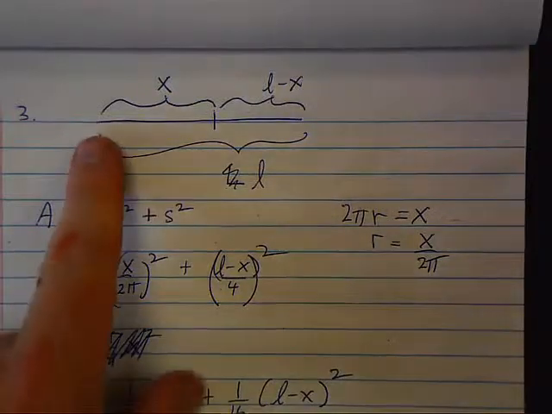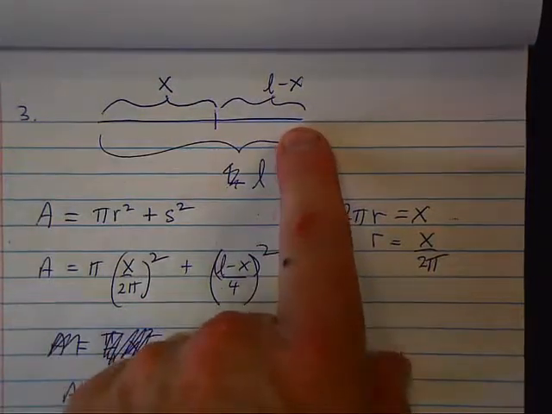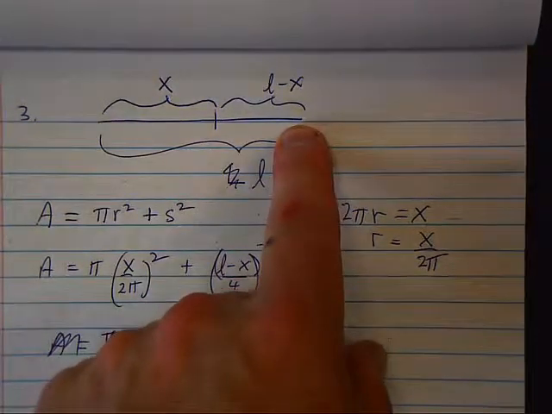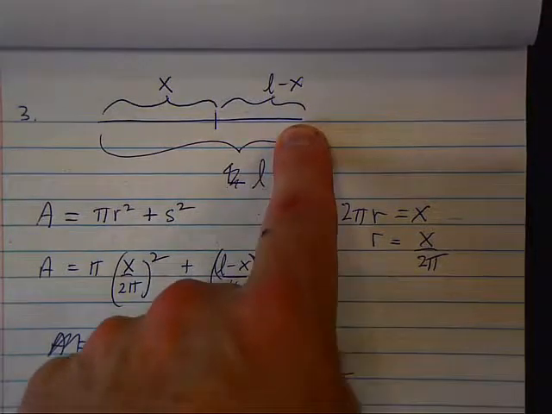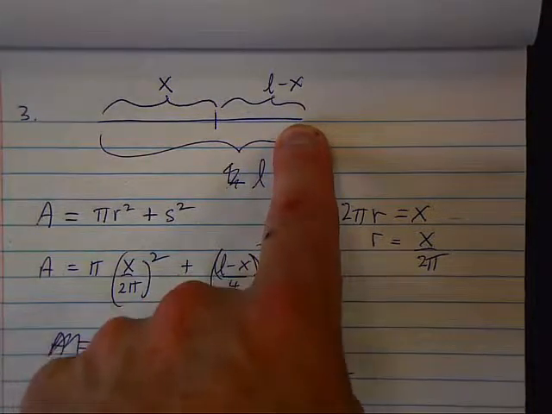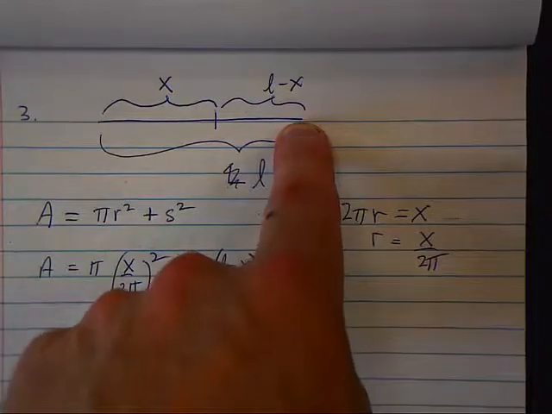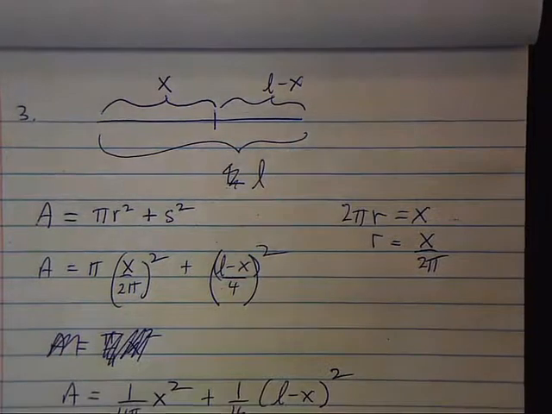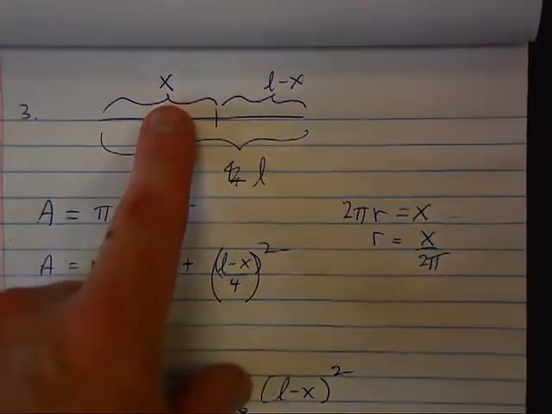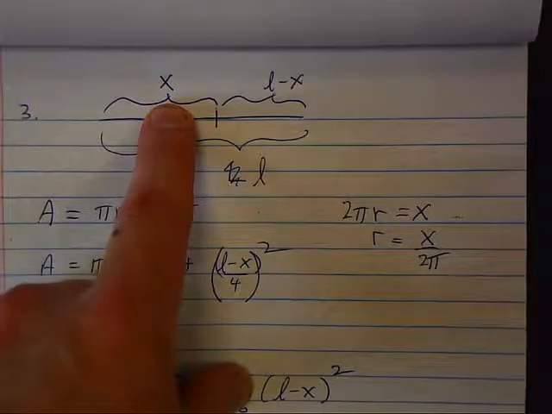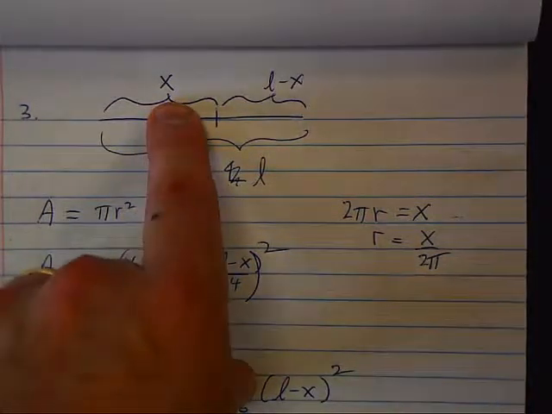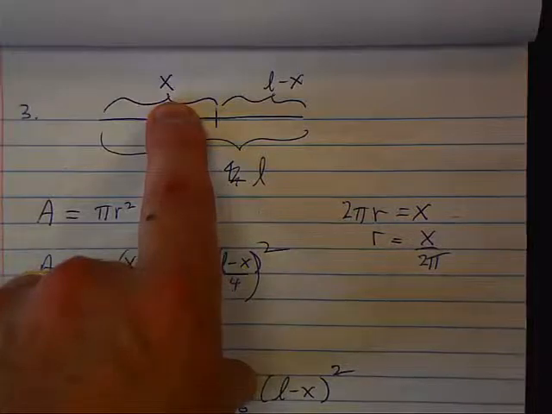If x is 0, I still have the whole length, which means I'm not building a circle at all, and I'm just building a square. Is that possible? Are we allowed to do that? Yes. So we also need to be concerned about x equals 0. Similarly, x could be L, couldn't it? If x equals L, what does that mean? You're just building a circle and you're not building a square at all.